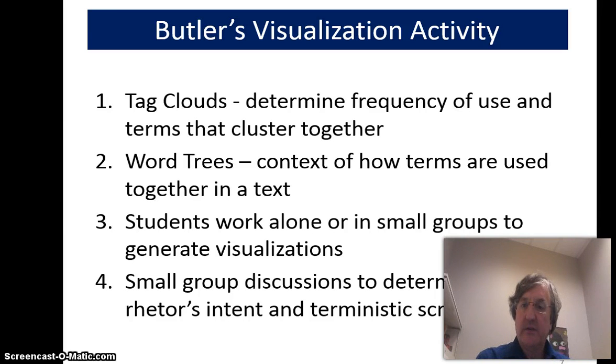The visualization techniques the author talks about are tag clouds to determine the frequency of use and terms that cluster together, word trees to look at the context of how terms are used, and also discussing in small groups and engaging students in trying to understand the author's intent.